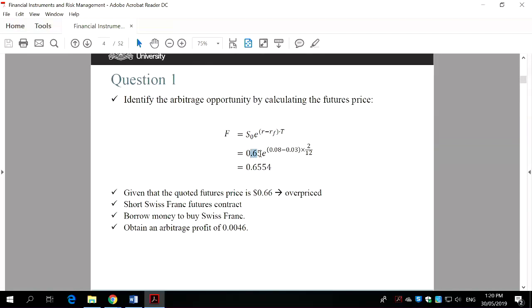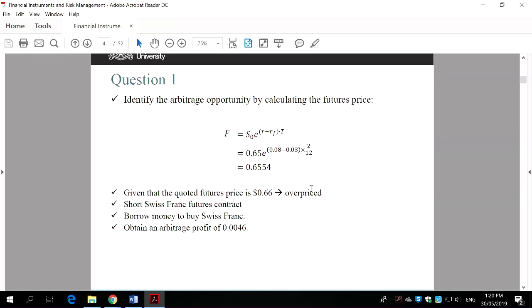You take the spot price and bring it forward, but remember to subtract the foreign risk-free rate from your domestic rate. So remember to subtract 3% from the 8%. You bring it forward 2 months, and you get a future price of roughly 65 cents. But remember, the quoted future price given in this question is 66 cents. So clearly this is overpriced, right?